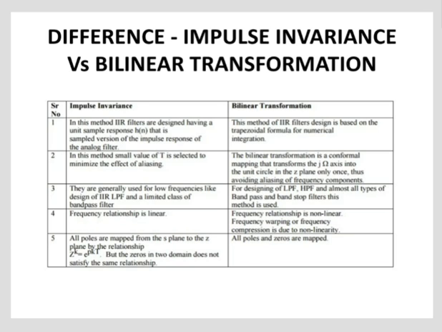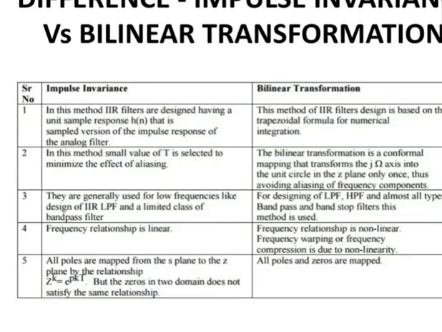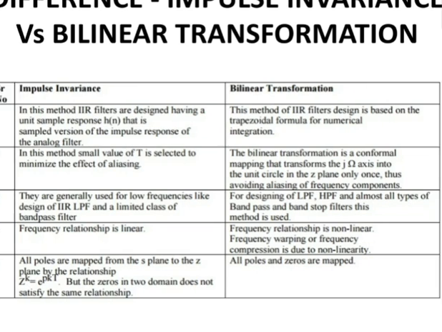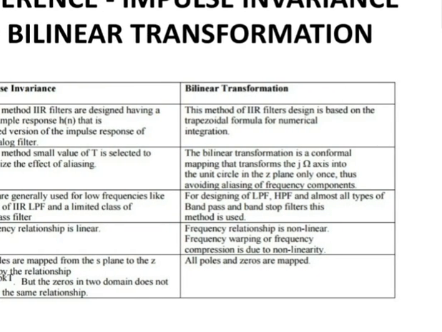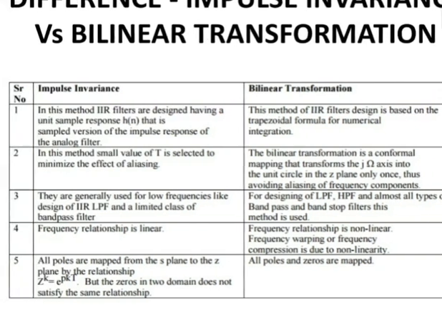Next is the difference between impulse invariance versus bilinear transformation. The first difference: in impulse invariance, IIR filters are designed having a unit sample response that is a sampled version of the impulse response of the analog filter. In bilinear, this method of IIR filter design is based on the trapezoidal formula for numerical integration.